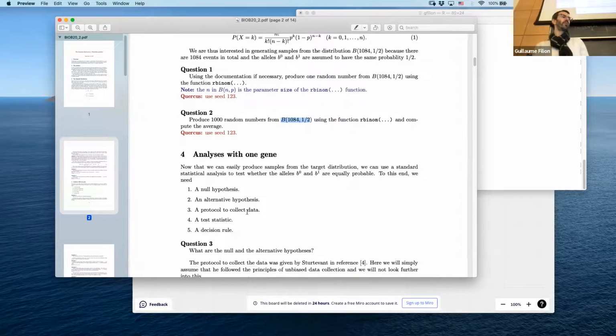And that's quite important for the alternative hypothesis. The alternative hypothesis, and I insist, is not that the null hypothesis is false. It's not that, okay? So the null hypothesis says the distribution of B0 is this, binomial (1094, 1/2). The alternative hypothesis is not that the null hypothesis is false, okay?